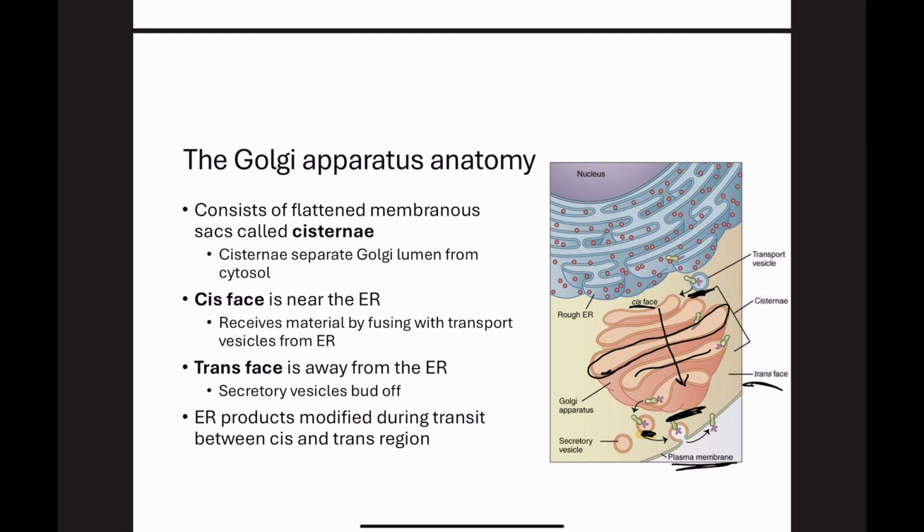And the Golgi apparatus is a really dynamic structure. It's going to manufacture and refine its products in a stepwise manner, with each cisterna containing a specialized set of enzymes for specific modification.